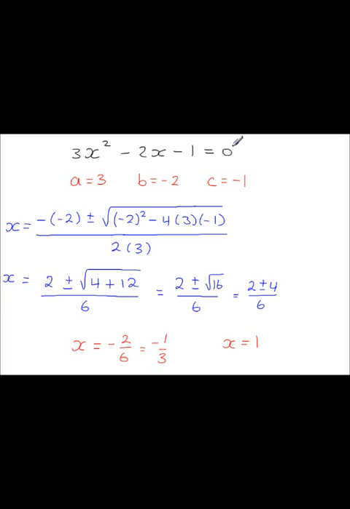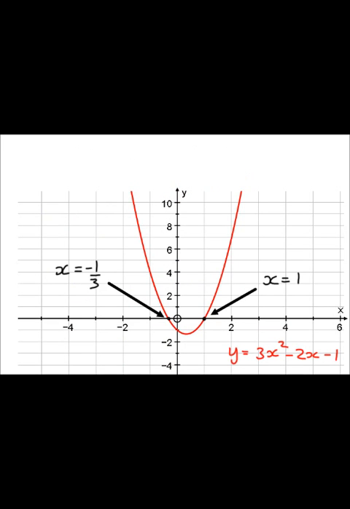And if we look at the graph of y is equal to 3x squared minus 2x minus 1, we will see these two roots, x equals minus a third, and x is equal to 1. Previously we solved the equation 3x squared minus 2x minus 1 is equal to 0.